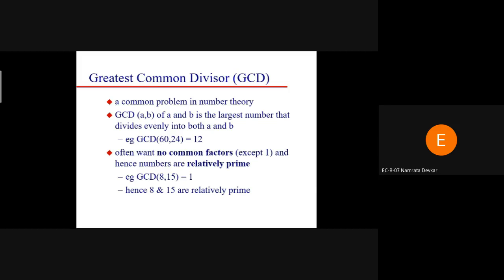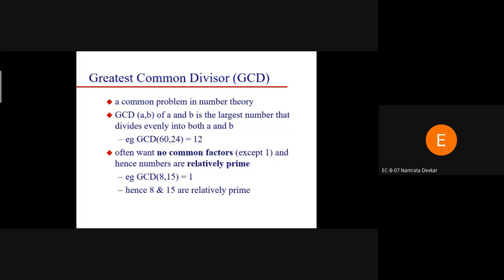Now if we take a second example, 8 and 15, there is no common divisor for 8 and 15. So we can consider the greatest common divisor for 8 and 15 to be 1, and these numbers are called relatively prime numbers.